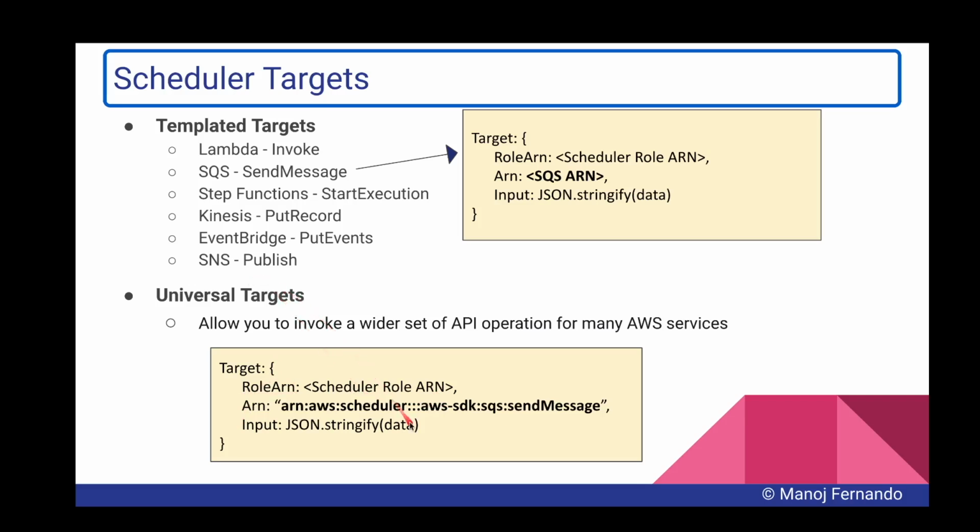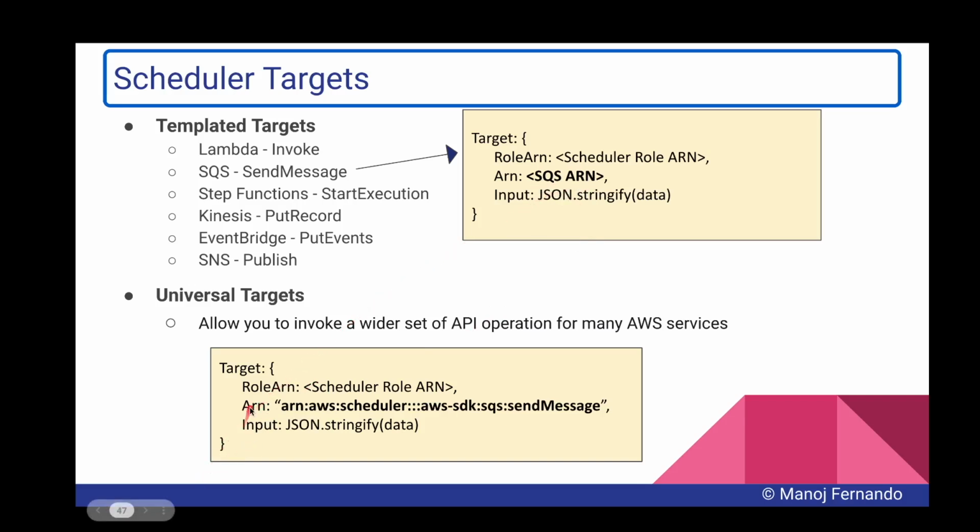In this case, let's see how to define an SQS queue as a universal target. Here the role ARN should have the permission to send messages to the SQS queue. That's one thing. But here the ARN is different. Earlier, in the templated target, we defined the SQS queue ARN.